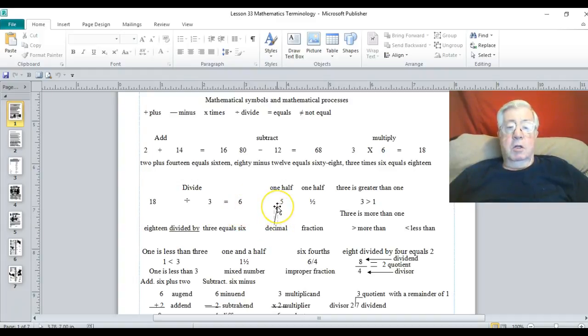Decimal, that little point. Fraction, greater than, equal. 3 is more than 1. Less than. 1 is less than 3.